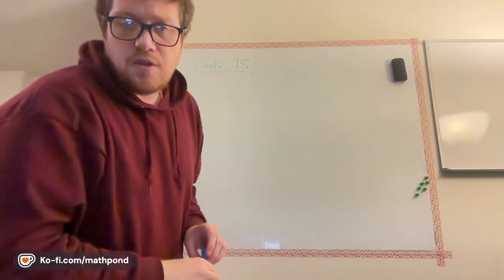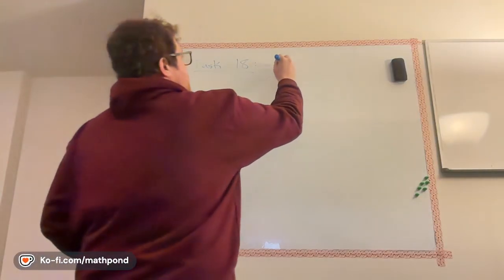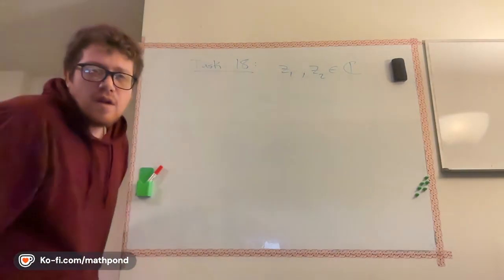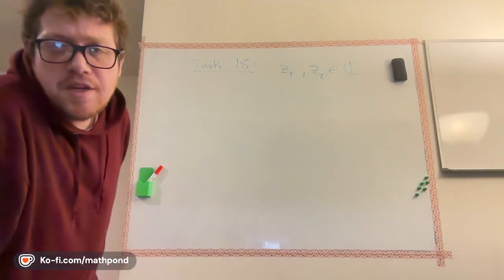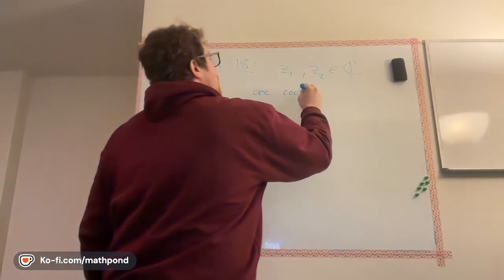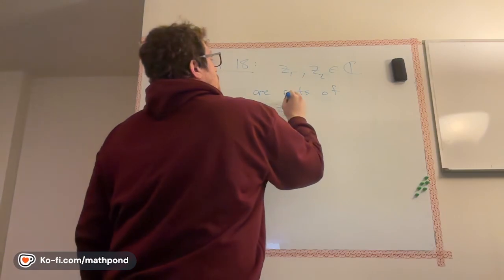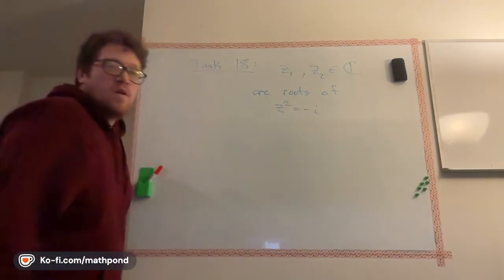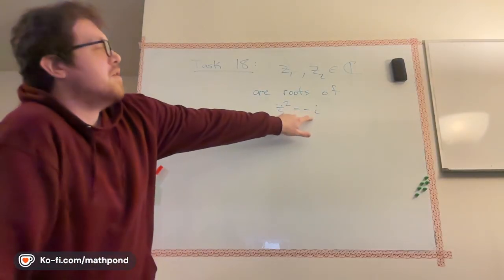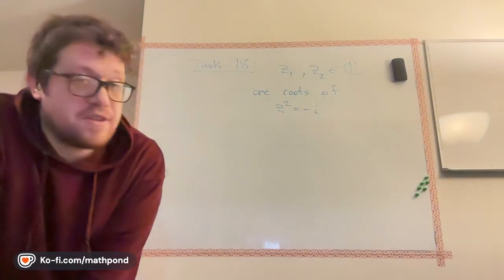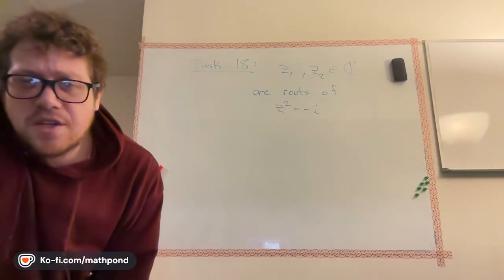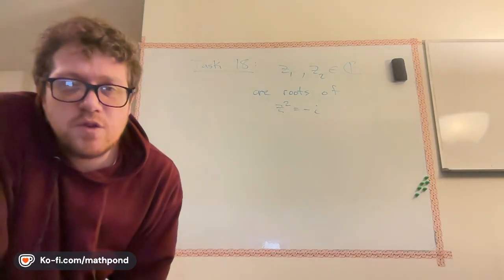And the problem is we have two complex numbers, Z1 and Z2. So Z1, Z2 are complex numbers, and they are roots of the equation Z squared equals -i. So basically they're like the complex plus or minus square root of -i, but then you need to be a little bit careful about what that means. Then it says, in which Gaussian complex plane plot are these roots correctly displayed?